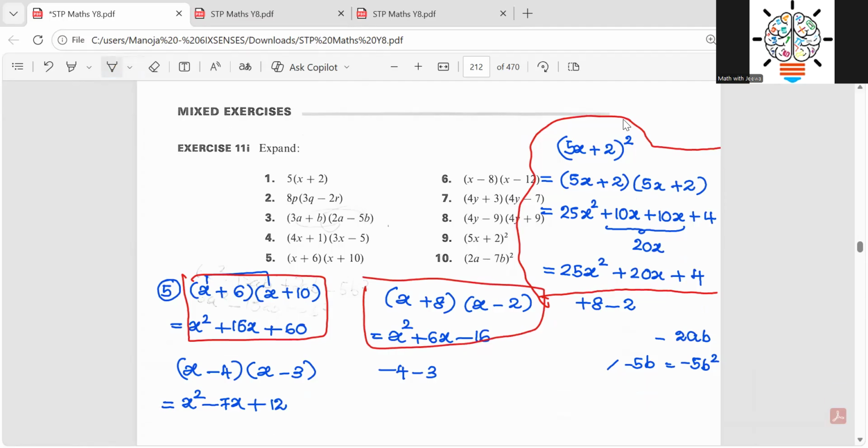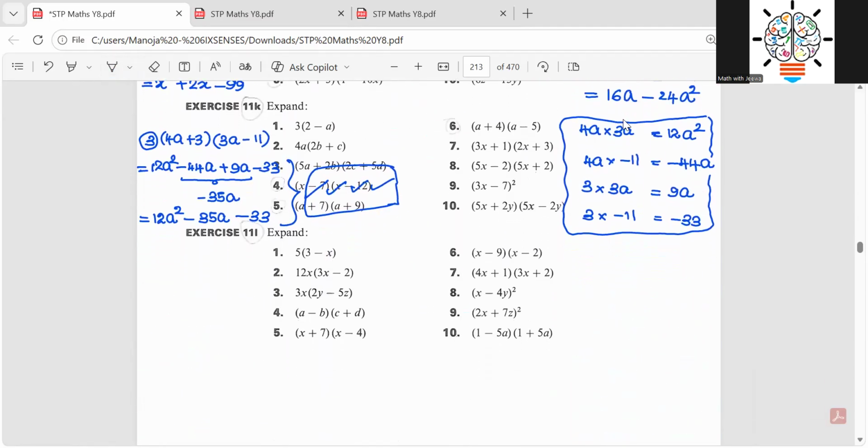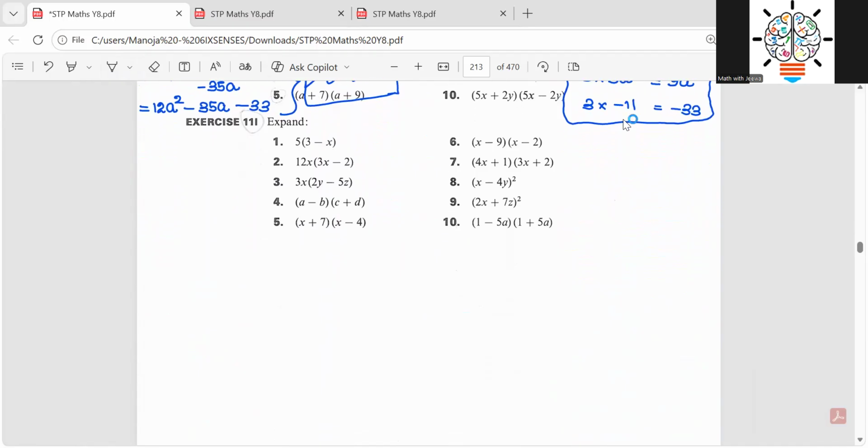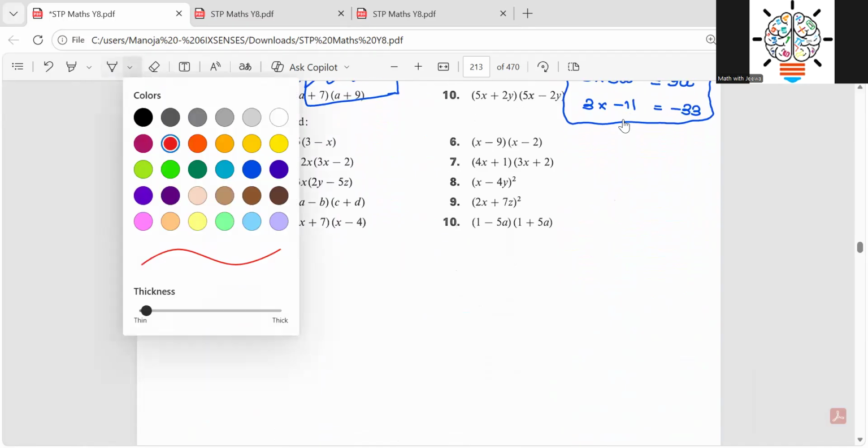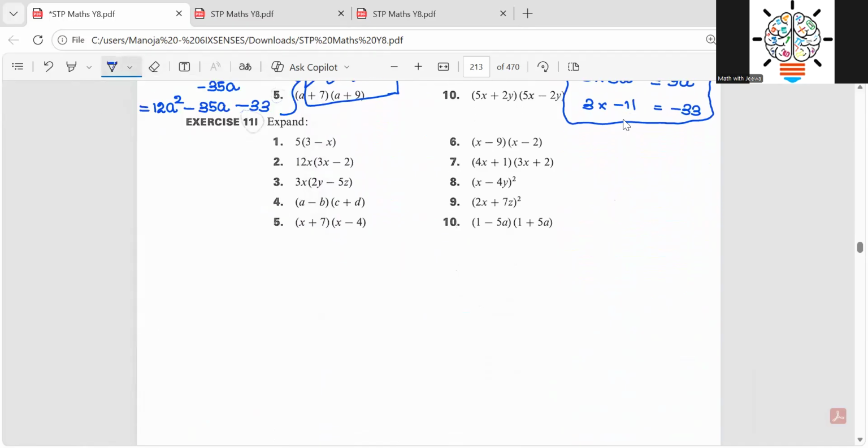Okay, so then we will move to the next kind of question. Right, now you just look at this one, children, question number 10. Here you have 1 minus 5a and then 1 plus 5a. Now what happens? 1 times 1, 1 squared, that means 1. 1 times 5a is 5a.